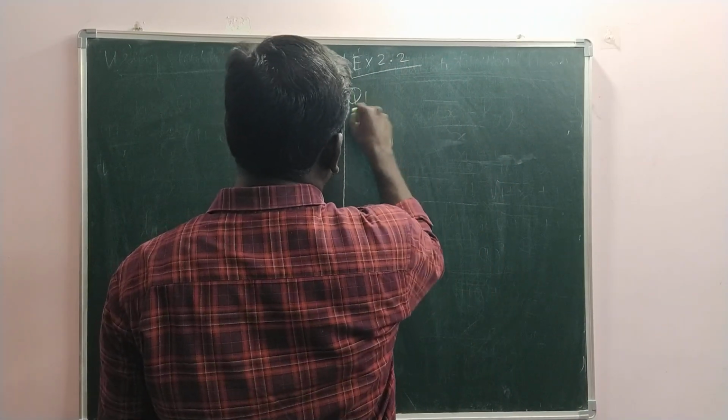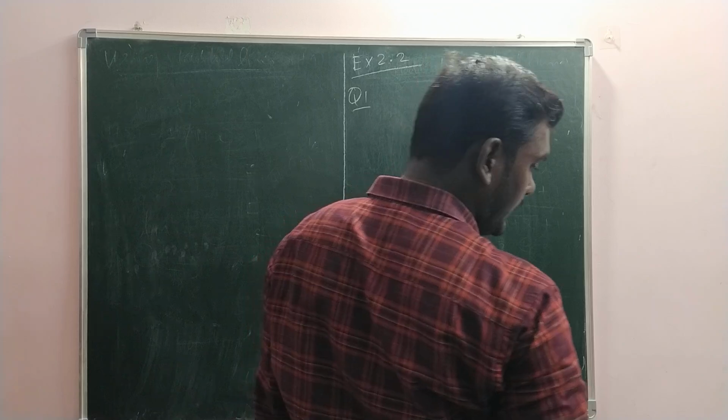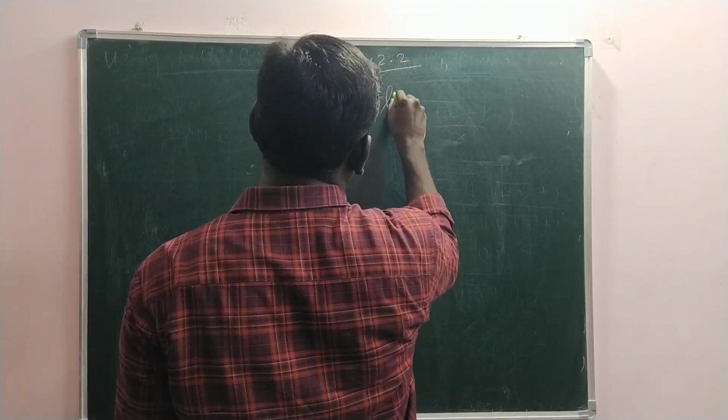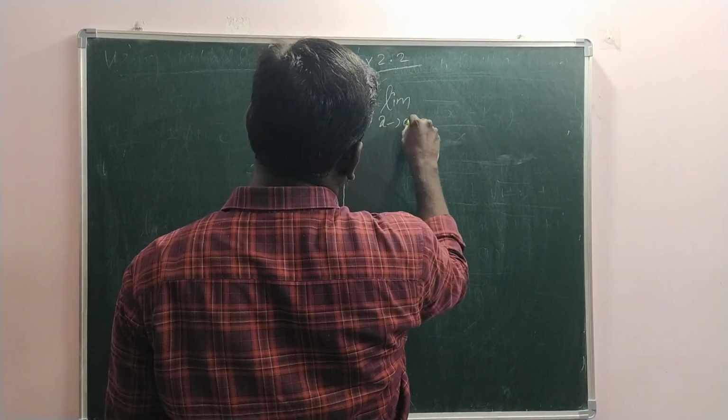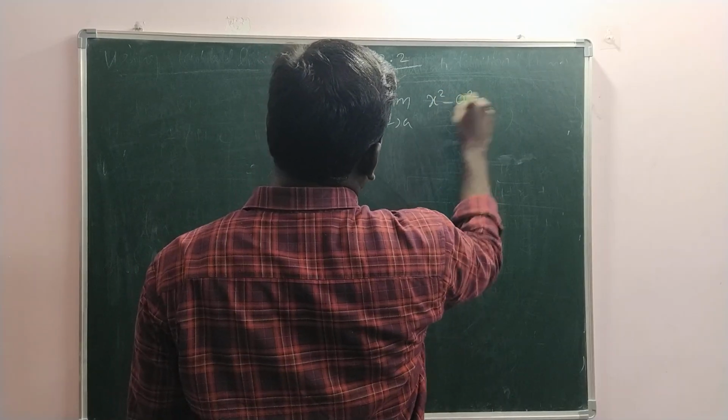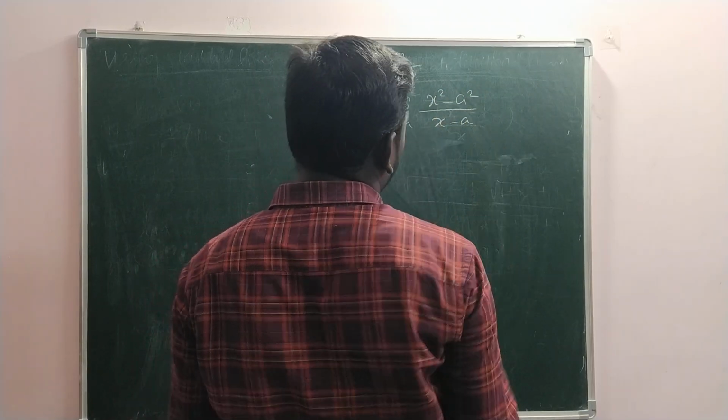The question number 1: limit x tends to a of x square minus a square by x minus a.